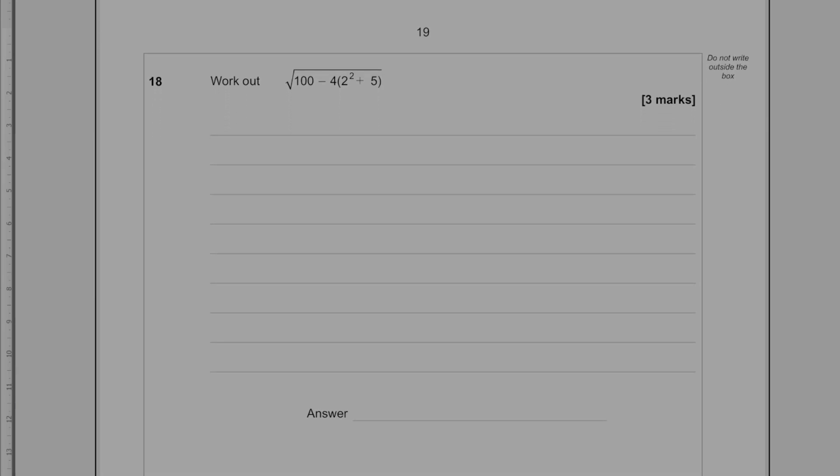Okay, work out the square root of 100 minus 4 times 2 squared plus 5, all in brackets. So I'm going to do the indices first of all, by order of operations. So 4 times 2 squared would become 4 times 4, plus 5. And then I'm going to do the brackets.